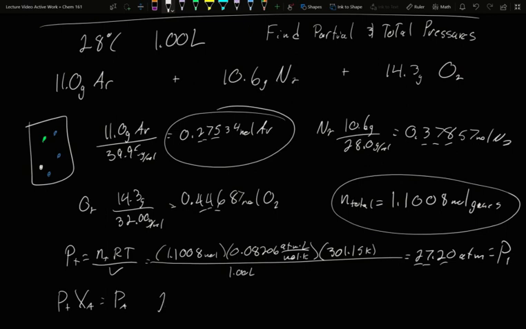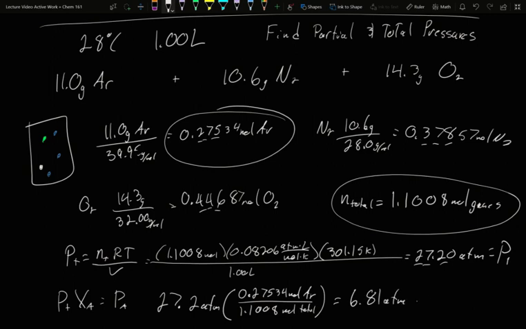And so in our case, 27.2 atmospheres for pressure total times, let's do argon, 0.275 mole of argon over 1.1008 mole total. That's going to give us our mole fraction times the total pressure. And for argon, that's going to come out at 6.81 atmospheres.